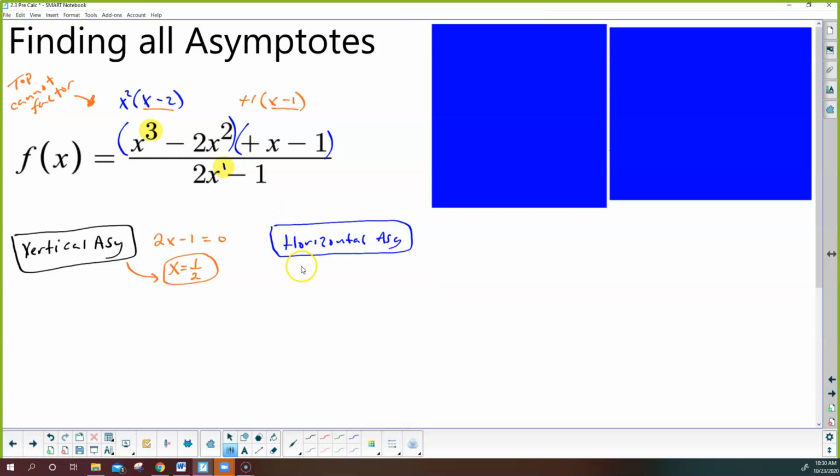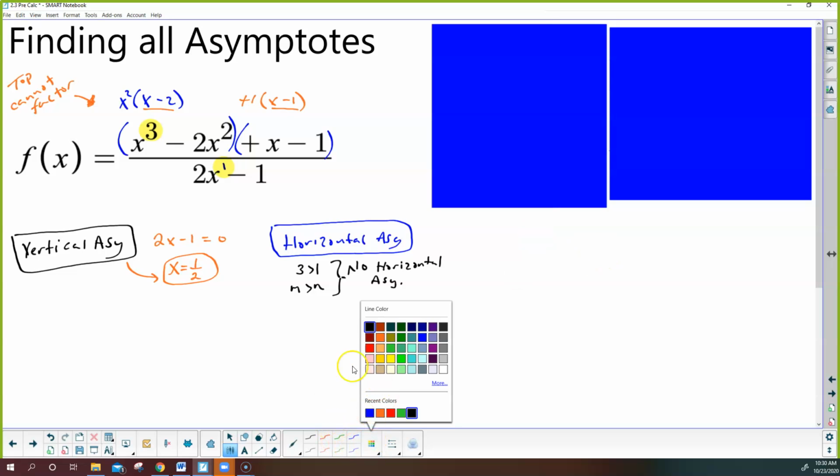So in my mind, I think of this, because 3 is greater than 1, that means m is greater than n, that's referring back to the degrees. This tells me that there is no horizontal asymptote. But if there's no horizontal asymptote, then we have to check for a slant asymptote.